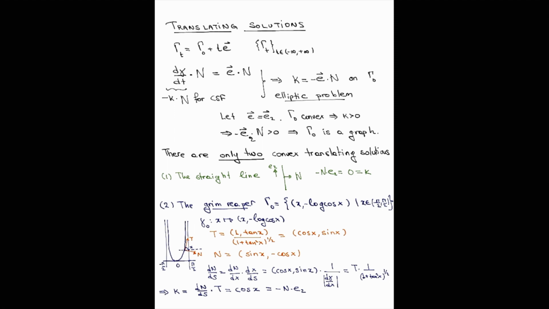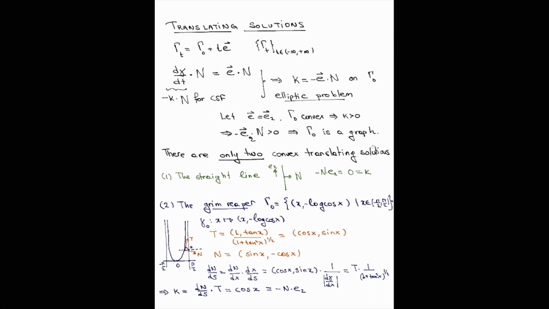So you write down what the equation looks like for a graph, and it's not difficult to see that you get only 2 convex translating solutions. You have the straight line, which would be a vertical line. Here for my line, n dot e2 is 0, and the curvature is 0. So this equation is satisfied.